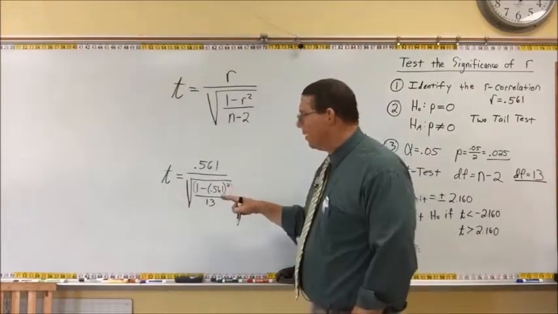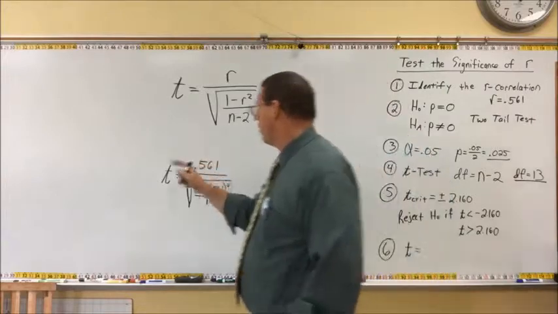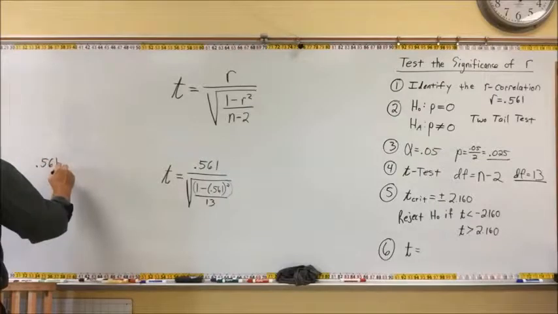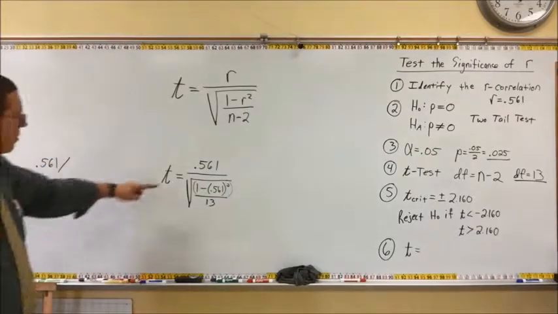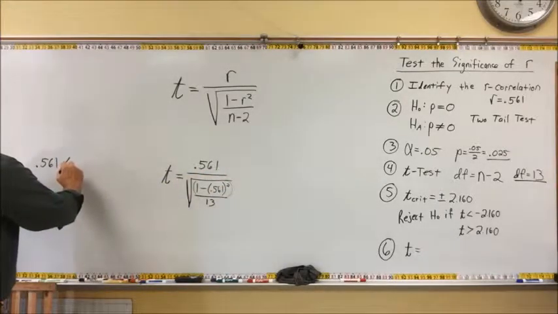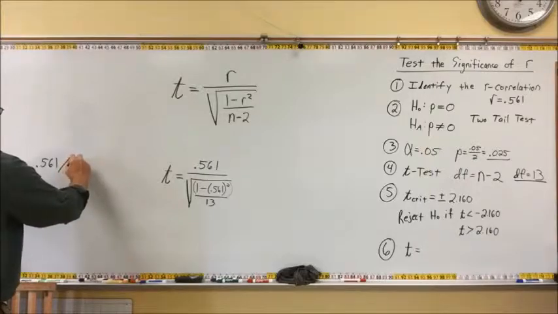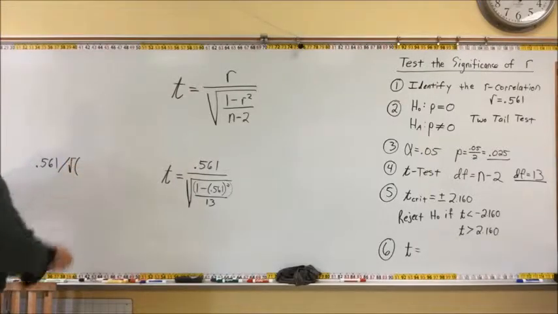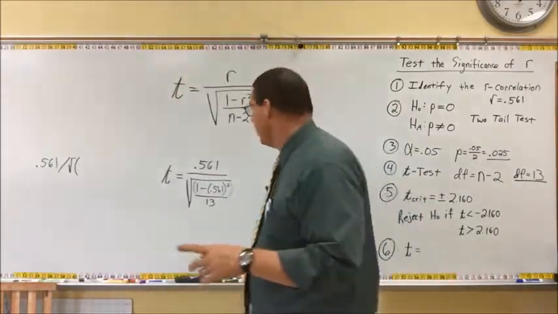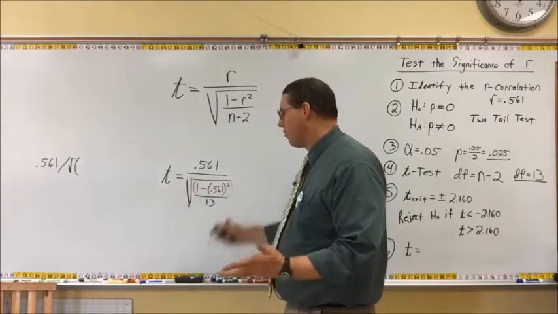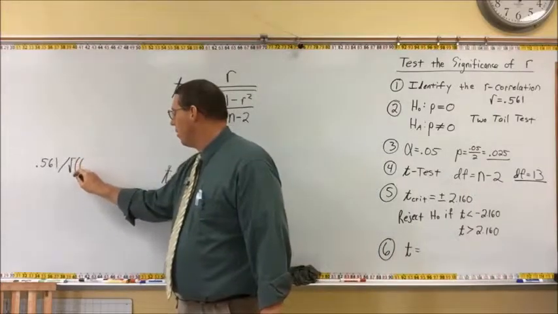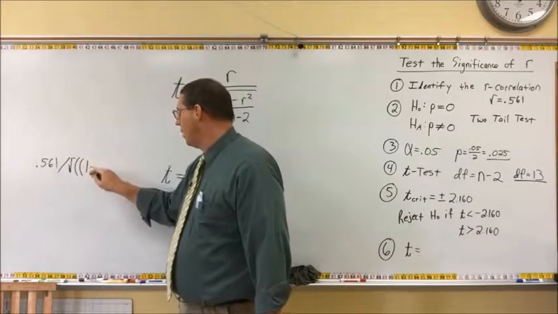So watch, let me show you what I'm going to key in when I key it in the calculator. Let me write it over here. I'm going to key in 0.561. Then I'm going to hit the divided button. Then do you see this big square root here? I'm going to key in square root. All right, now usually in my scientific calculator, when I hit the square root button, it gives me a radical symbol with a parenthesis. Now, that parenthesis is not this parenthesis. It's the parenthesis for the radical. So now to key in 1 minus 0.561 squared, I'm going to have to open another parenthesis and do 1 minus.